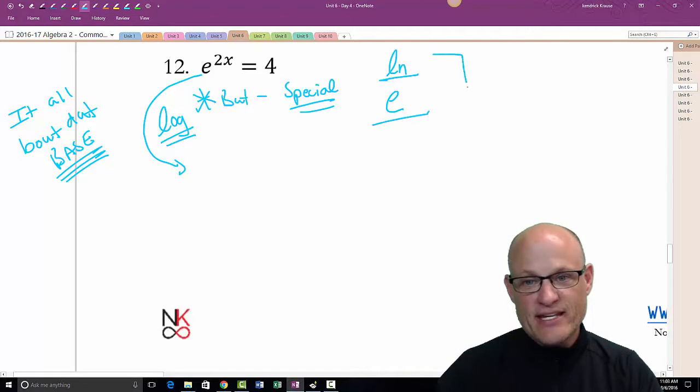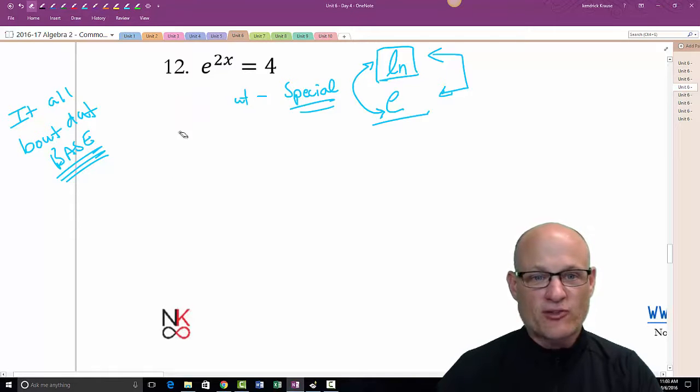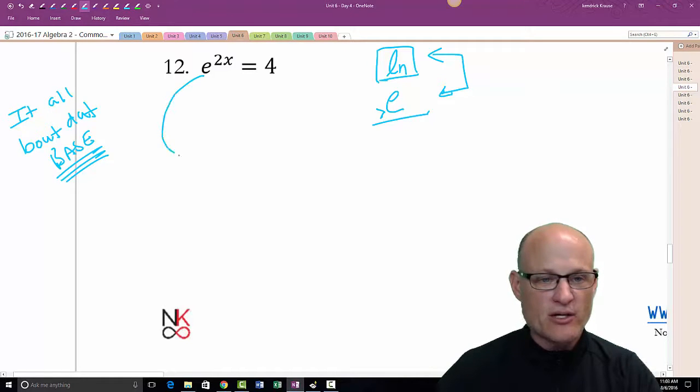These are inverses of each other. The only time you will use natural logs is when you have E. The only time you'll use E is when you have natural logs. So if I have an exponential function and I want to change this into a log function, which is the only way I know how to solve it, here's how I do it.